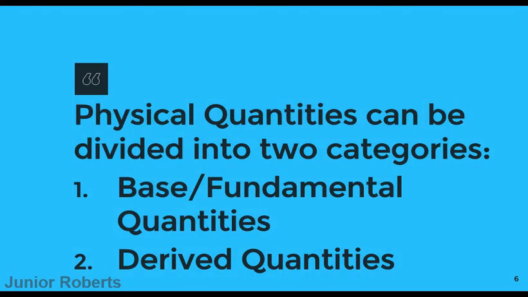Now, physical quantities can be divided into 2 categories. We have our base or fundamental quantities, and we have our derived quantities, and we'll be looking at the definitions of these two shortly. So again, our 2 categories of physical quantities include our base quantities, which are our fundamental quantities, and our derived quantities.